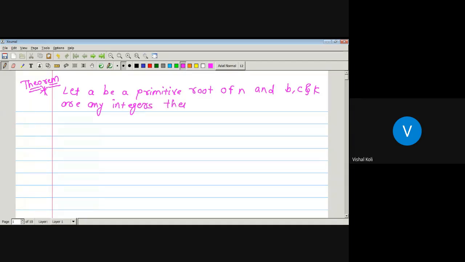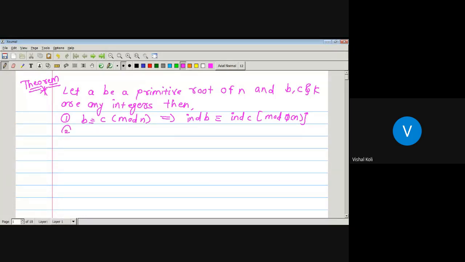Then, first one: if b is congruent to c modulo n, then index of b is congruent to index of c modulo phi of n. Okay, so here in the first one we have to prove that if b is congruent to integer c modulo n, then index of b is congruent to index of c modulo phi of n.